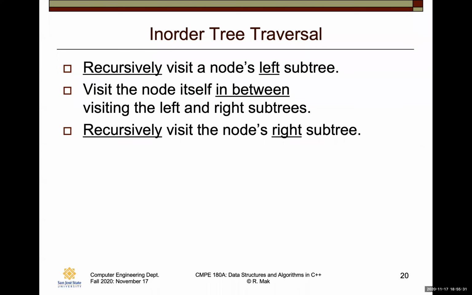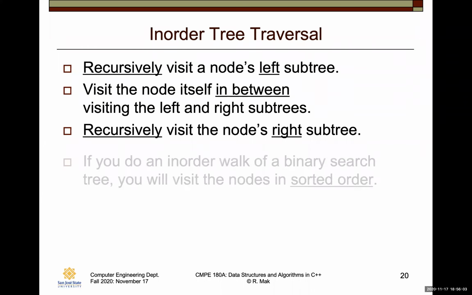In other words, the node itself is visited in between visiting the left subtree and the right subtree, and that's why it's called an in-order tree traversal. So this is the third common way of walking a tree. Of course, this one is designed for binary trees because we're talking about the left child and the right child, right? In a binary tree, each node has at most 2 children.